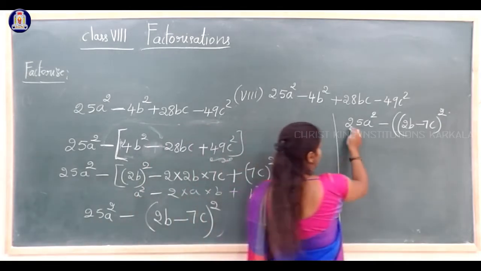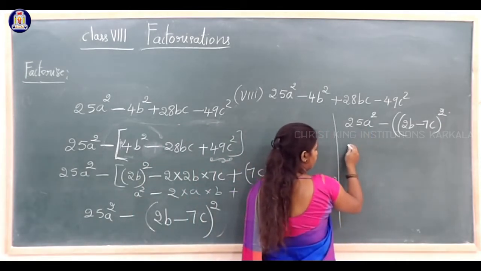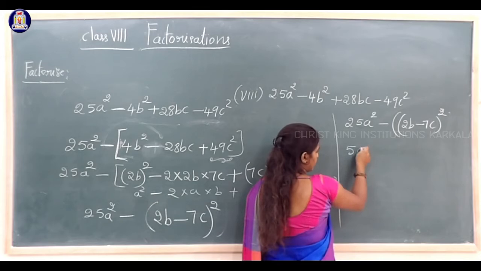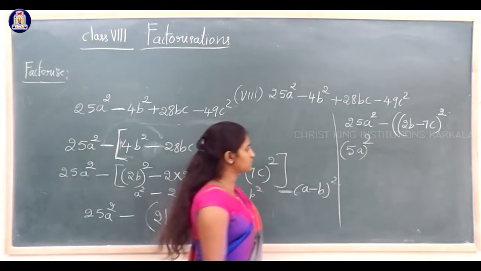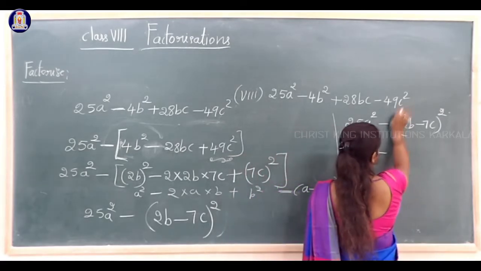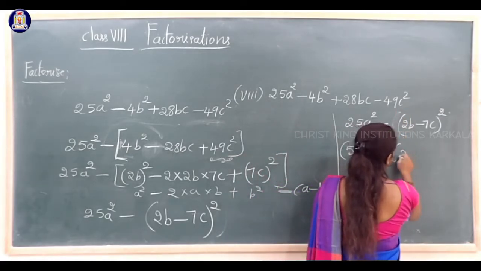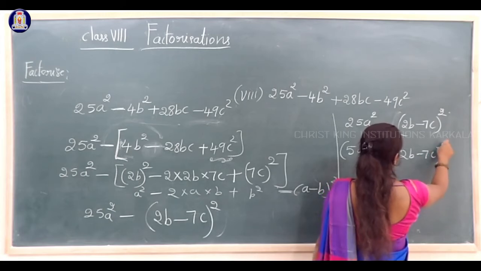So here 25 is a perfect square, so this can be written as 5a the whole square, minus 2b minus 7c the whole square.